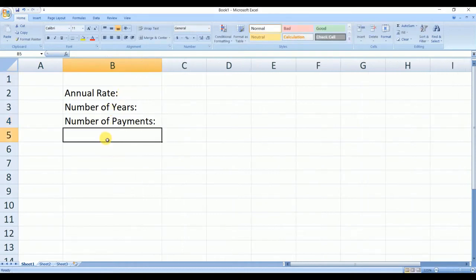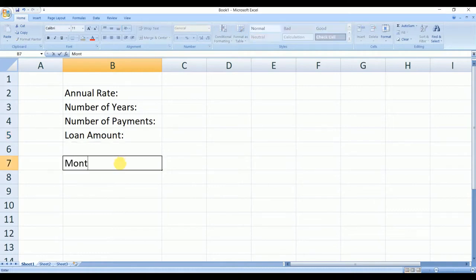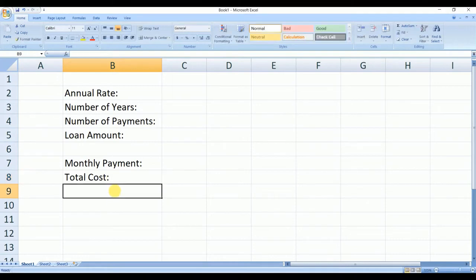Then we also have the loan amount that we will collect from the bank. Then we will calculate the monthly payment that we will make. That's the payment that we will make every month to the bank. Then what will be the total cost of this loan to us, and what will be the total interest that we would have paid at the expiration of this period. So those are the things that we will calculate.